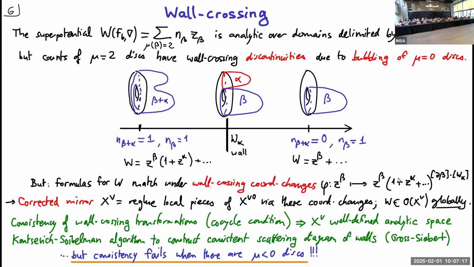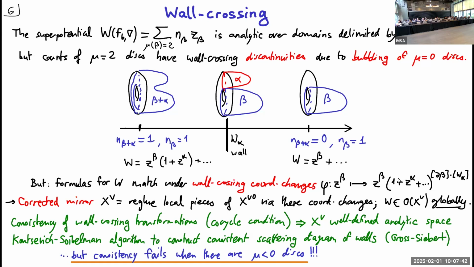So here I've been telling you about the boundaries of moduli spaces of Maslov 2 disks being Maslov 2 plus Maslov 0, therefore Maslov 0 governs the jumps. But it's also true that the boundaries of the spaces of Maslov 0 disks are pairs of smaller disks themselves. And so if Maslov 0 disks only break into pairs of Maslov 0 disks, this is how you get to what ultimately becomes the consistency condition.